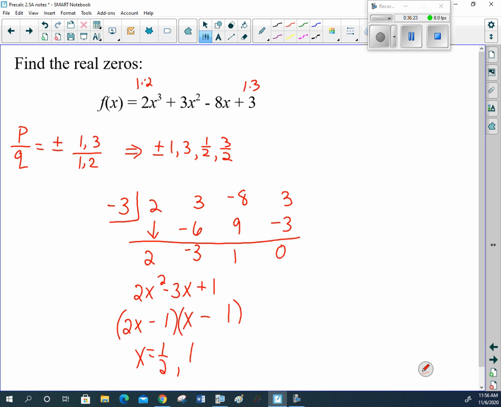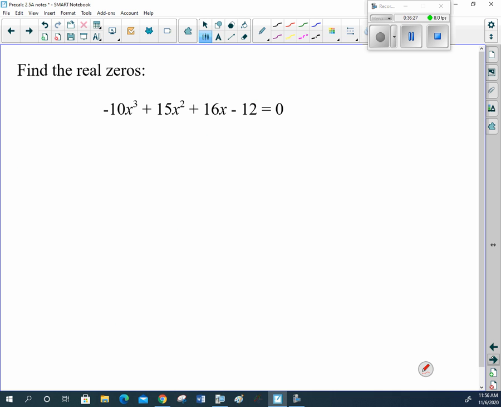So a negative 10x to the third plus 15x squared plus 16x minus 12. So you have all the factors of 12 that could be choices. If I didn't let you use your graphing calculator, guys, which I actually do, you would have to try all these combinations, which is really cumbersome.